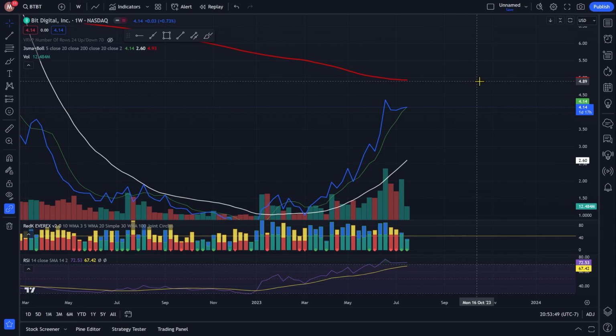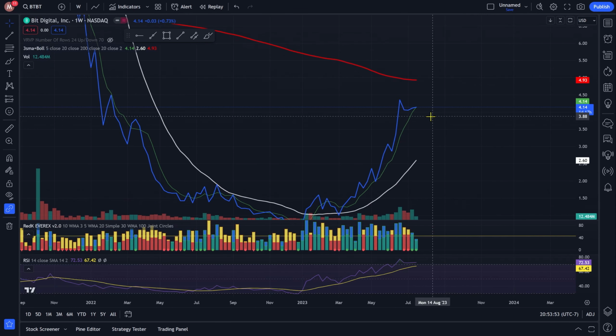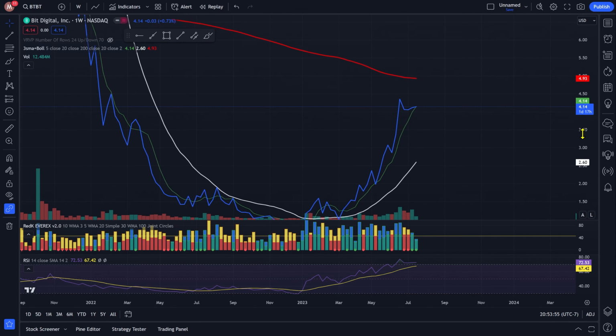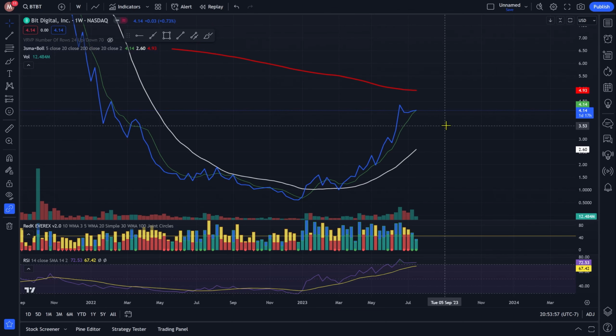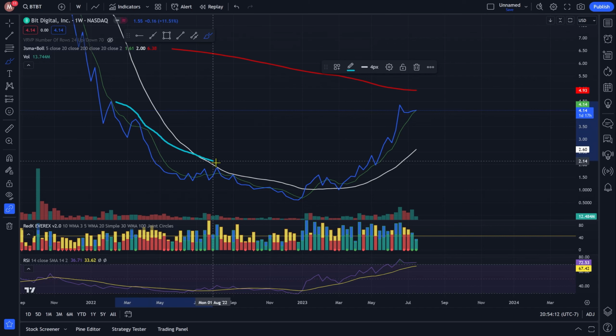and possibly testing the 200. This could also be a bullish case. Even if it came back down to this level, around $3, maybe even a little bit lower at 280, 290, this structure right here, this little scoop here, looks a lot like a cup.